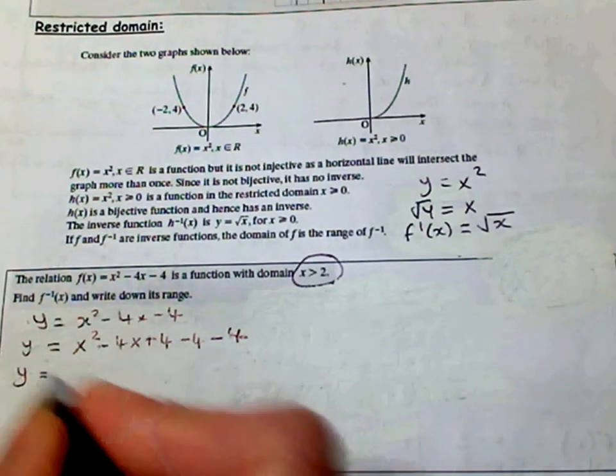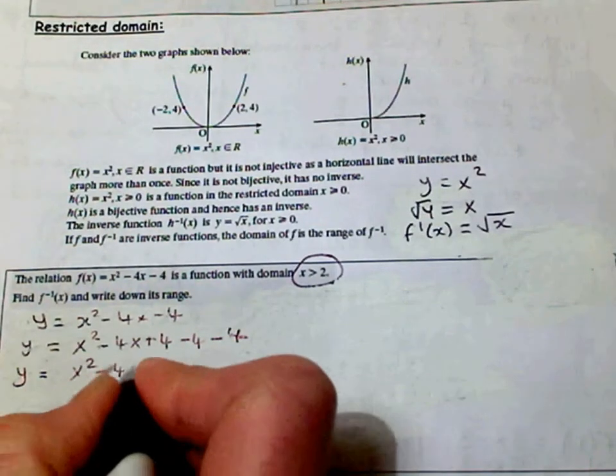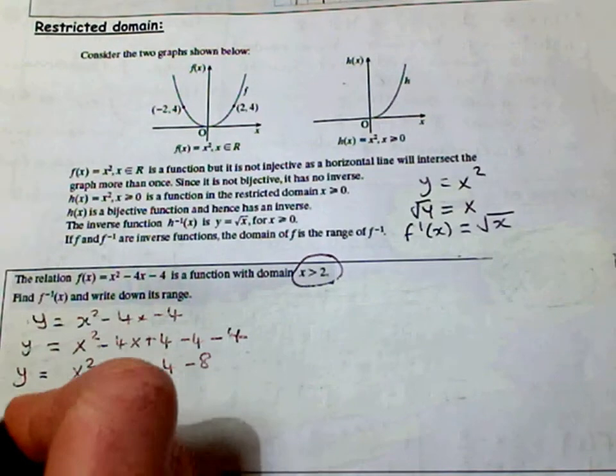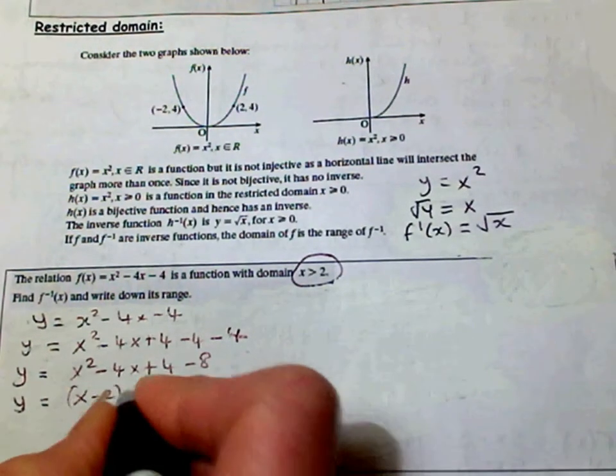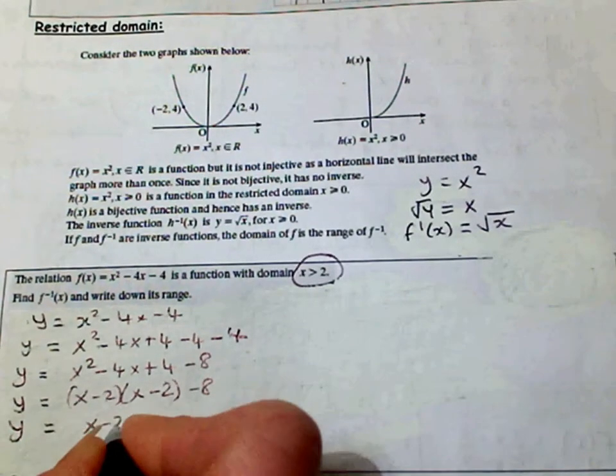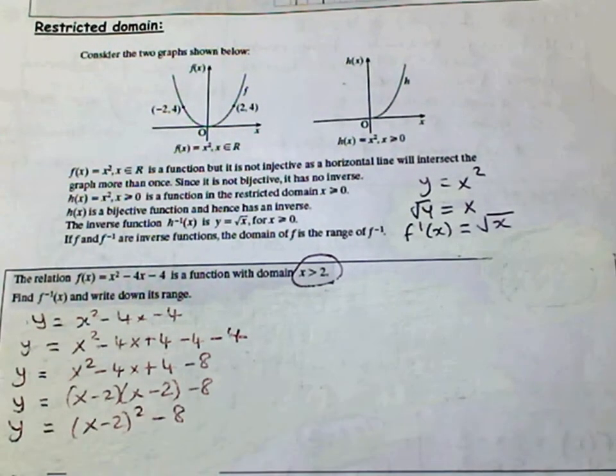So y is equal to x squared minus 4x plus 4 minus 8, so y is equal to x minus 2 times x minus 2 minus 8, or y is equal to x minus 2 all squared minus 8.